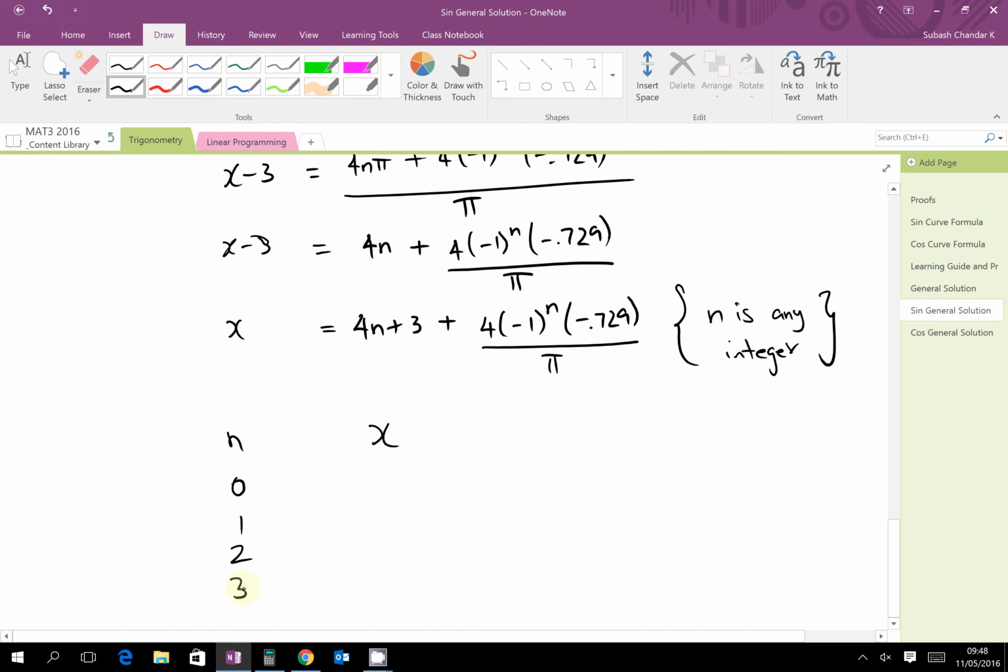Something's not right in your calculation. That's 0.729. That should be negative. I'm about to show you. When you solve these 4 values, I'm going to show you. Can somebody give me the 4 values, please?